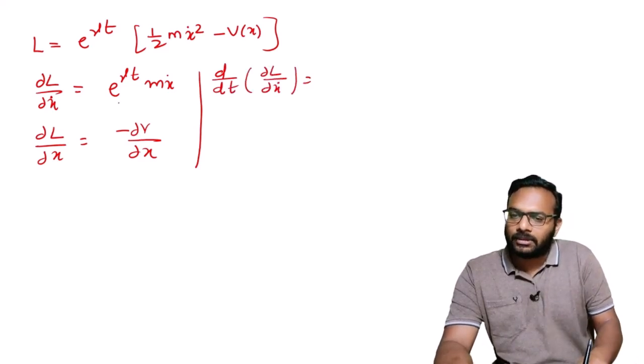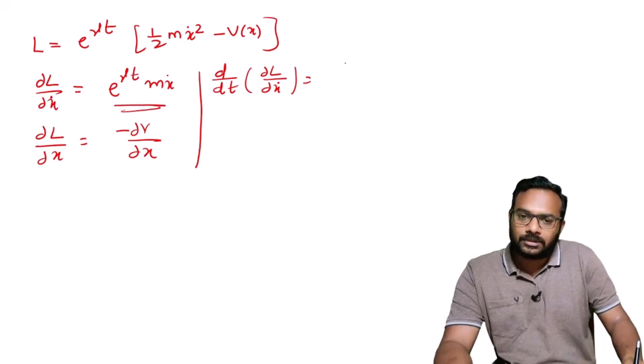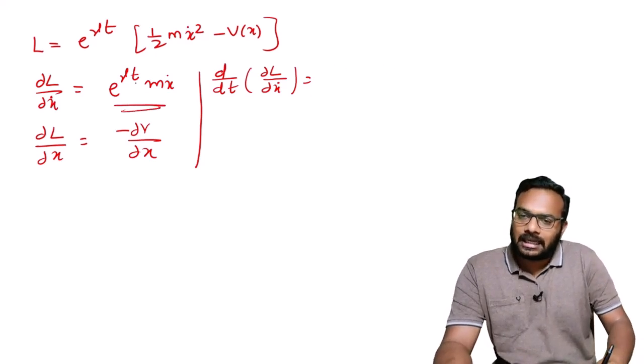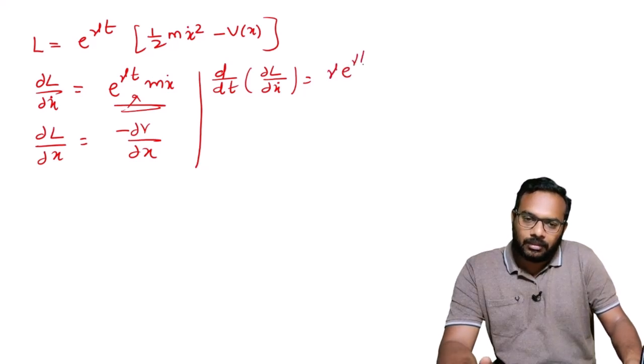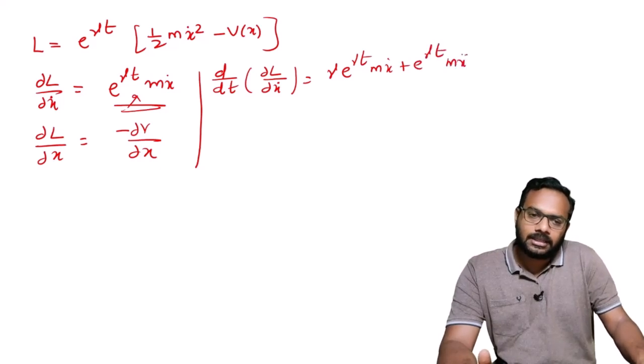But now there are two terms. Because there's a time appearing here, you have to use the product rule. That's the catch here. When you differentiate e raised to gamma t, it becomes gamma e raised to gamma t, and keep the second term unchanged, plus e raised to gamma t m x double dot.